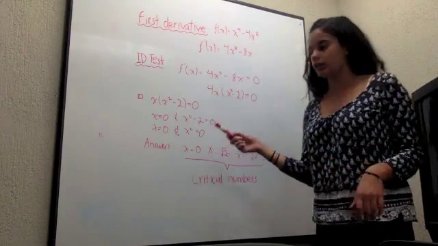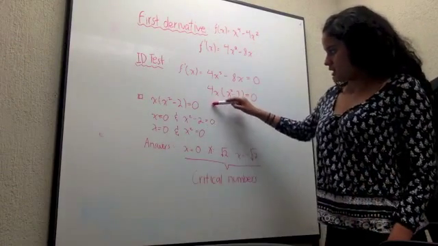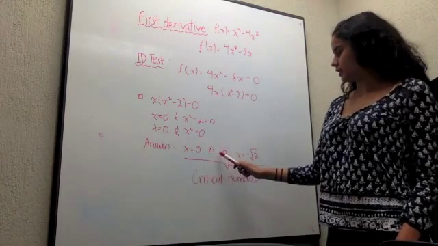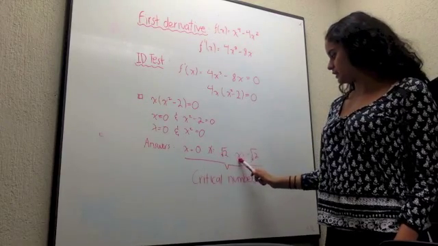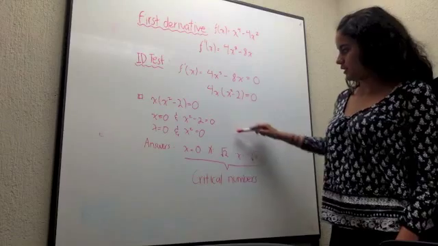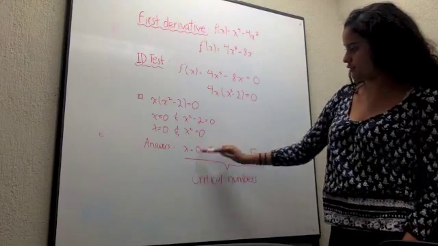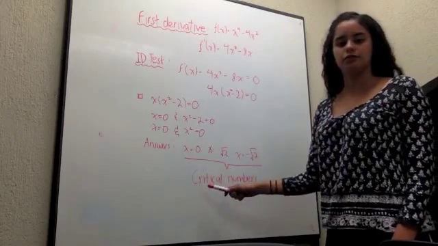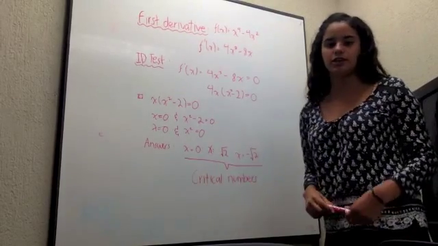Then we solve, and it gave us the answers x equals 0, x equals square root of 2, and x equals negative square root of 2. That was from this one, and the 0 from the first. And these three answers are our critical numbers, our critical points.